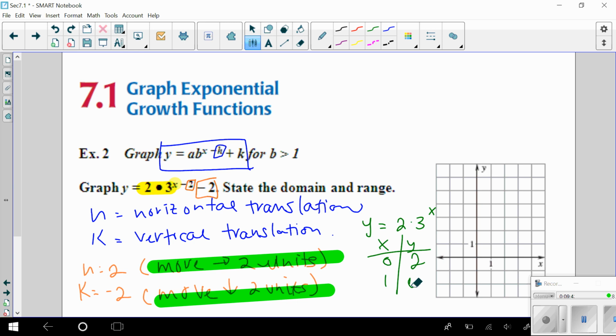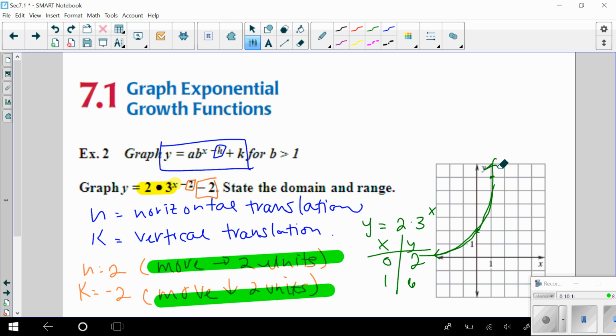So we're going to plot those 2 points, (0, 2) and (1, 6). And then we're going to go from left to right and draw a curve that goes through those points and doesn't actually ever hit our x-axis.